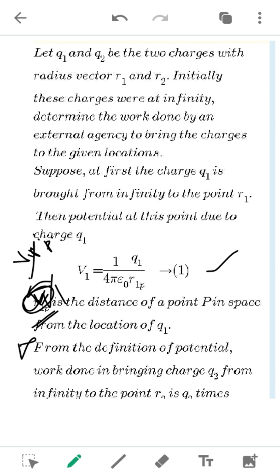At a certain distance there is a point P, and the distance between these two is taken as r1P. Therefore the potential of charge q1 at point P is V1 equal to 1 by 4 pi epsilon naught q1 upon r1P. So understood? This is how we get equation 1.